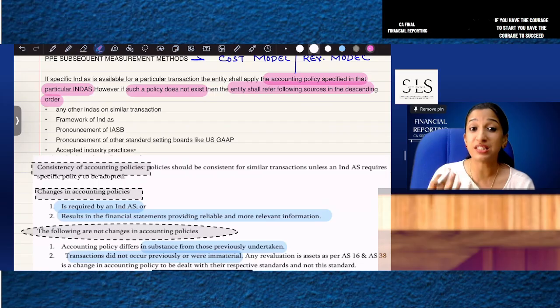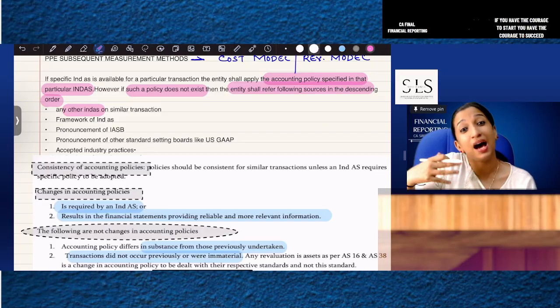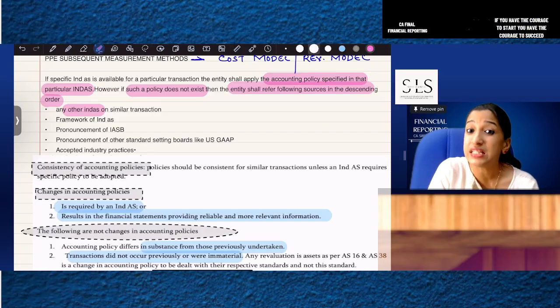Transactions like Bitcoin, cryptocurrencies, carbon credits, there are no Ind AS. So then you check other Ind AS on similar transactions. How do the entities account as per other Ind AS? What is given in other Ind AS relating to a similar transaction?